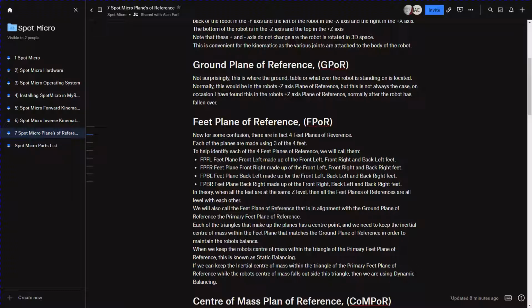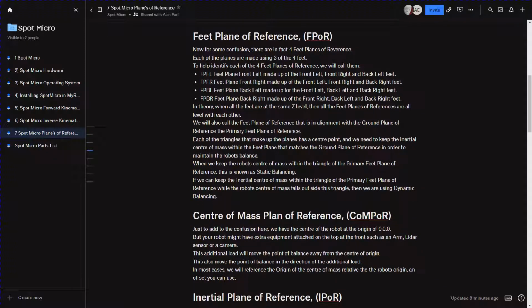But we don't have to go into too much detail there. In theory, if all the feet are on the same level, then all 4 planes of reference will be the same anyway. It's just trying to figure out which of those 3 feet has the active plane of reference.